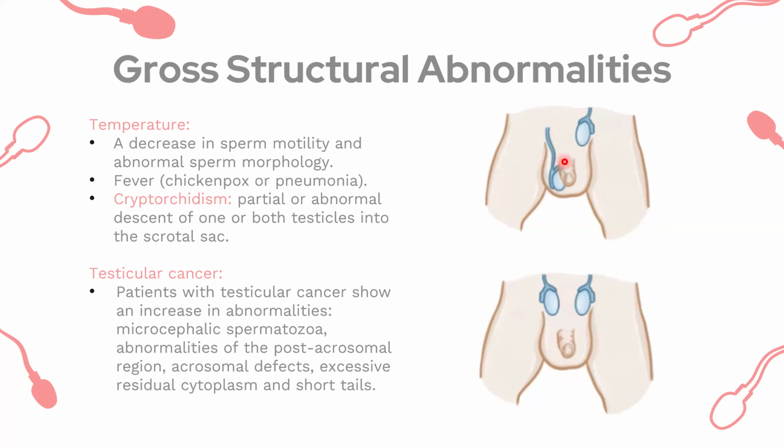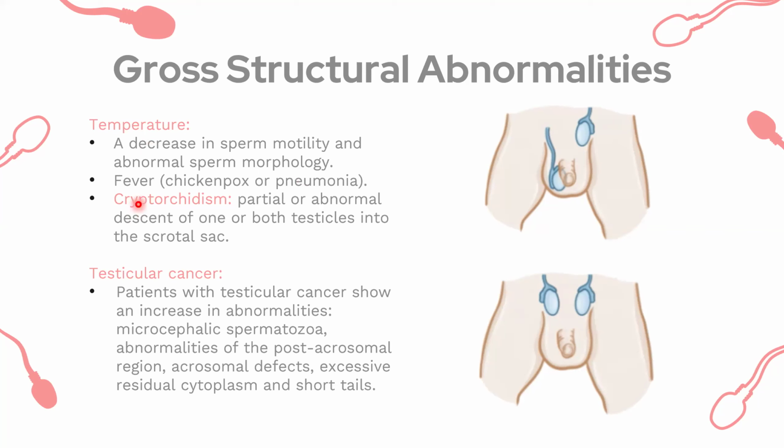Now, why cryptorchidism is very important is that the reason why the testes are actually in the scrotal sac outside of the body is that they are very, very sensitive to temperature, and sperm can very easily die at very high temperatures. The abdominal cavity, if those testes were stuck in there, would actually cause those sperm to die. The same applies for when the body temperature increases for any reason, including fever, for example.